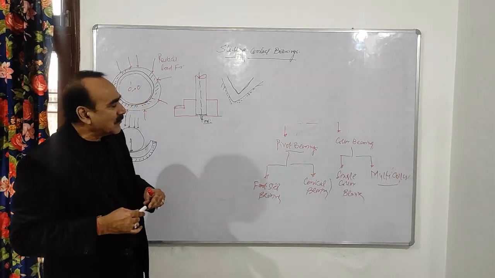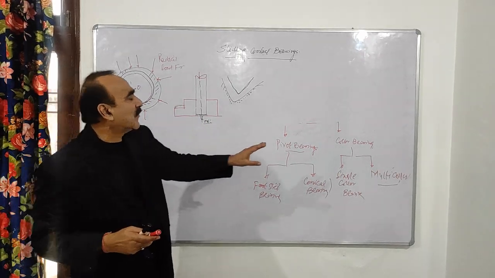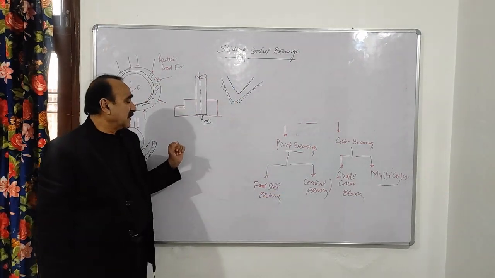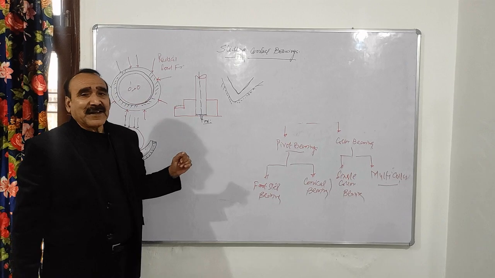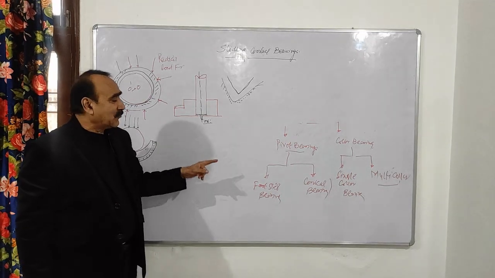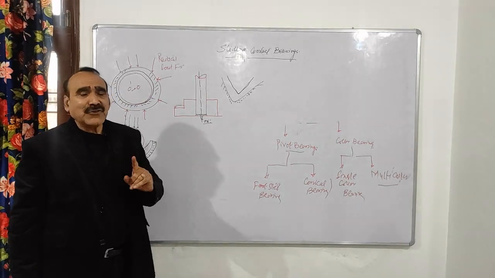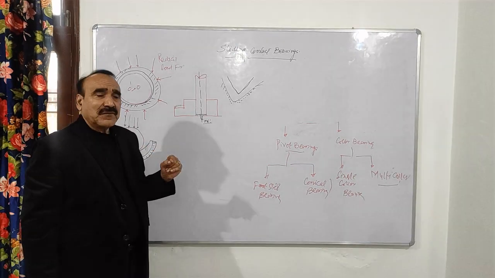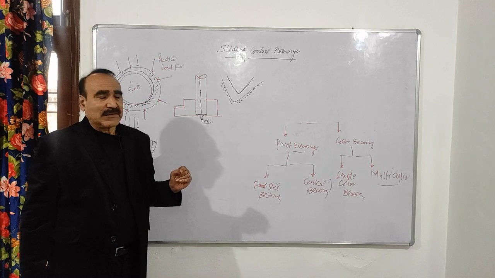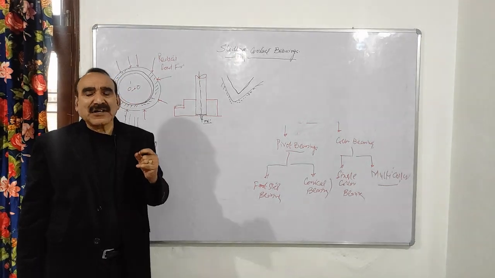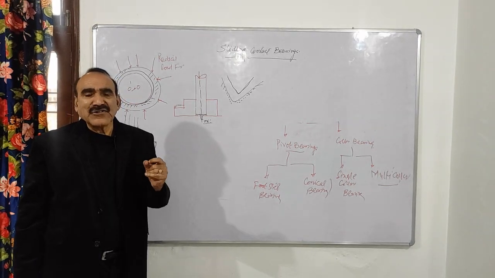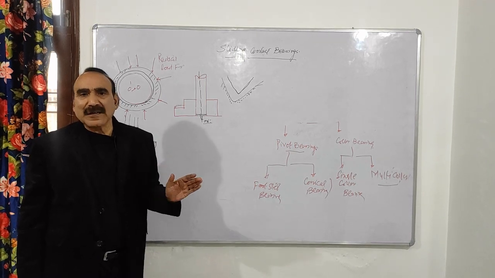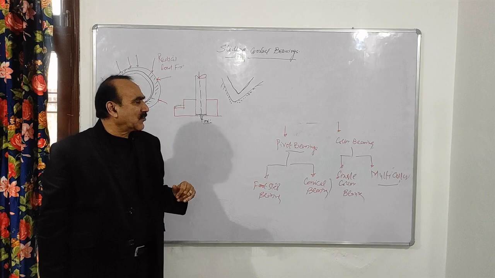Now we will come to this single collar bearing. What is collar bearing? In case of the pivot bearing, the footstep bearing or conical bearing, what you have seen is that the face of the shaft is in direct contact with the bearing surface, right? Whether it is flat, whether it is conical. What in case of collar bearing?